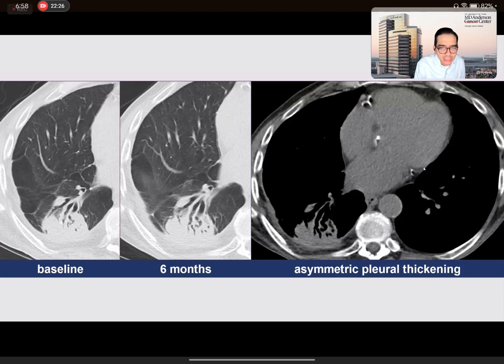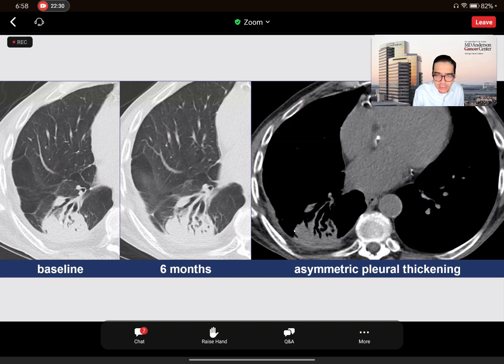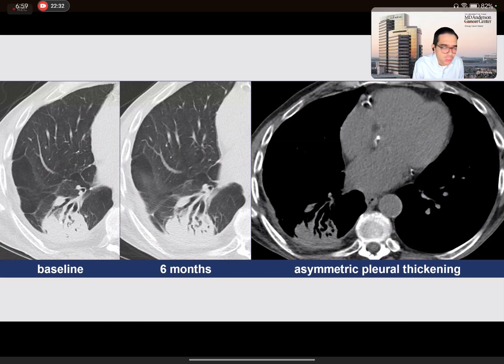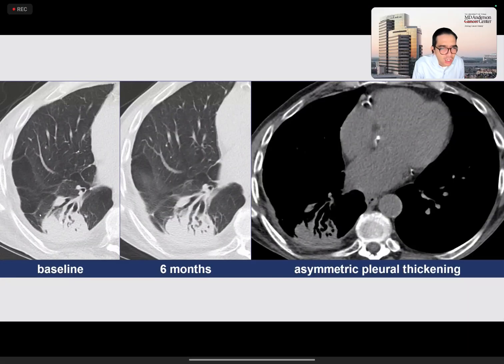And let me show you more examples here, okay? So we have baseline, 6 months, and in soft tissue and lung windows. And yeah, so you have a round area of lung volume loss. We know that it's volume loss because this is the major fissure, which is pulled way down, okay? And then we have abnormality of the pleural surface. We have thickening of the pleura.